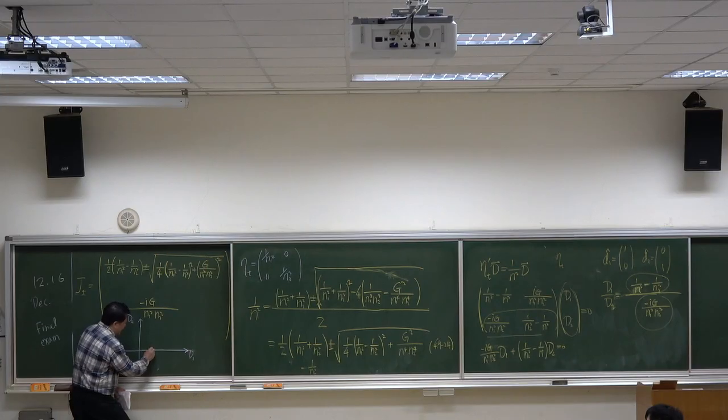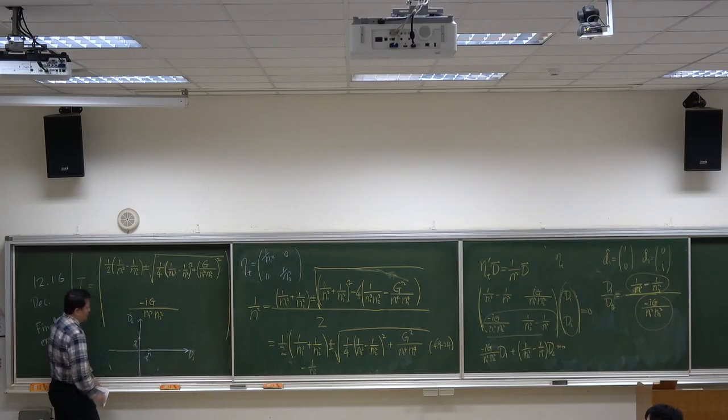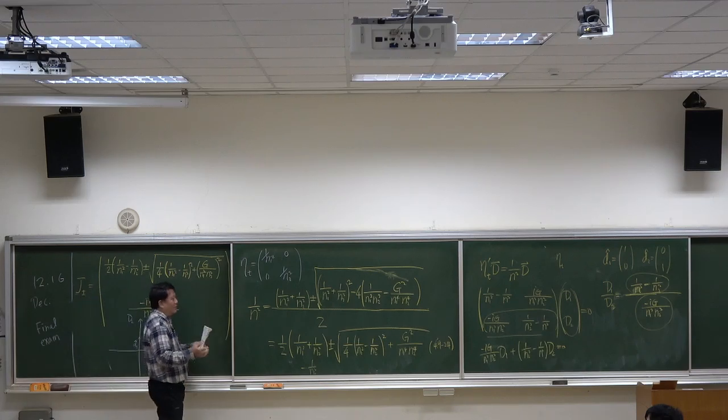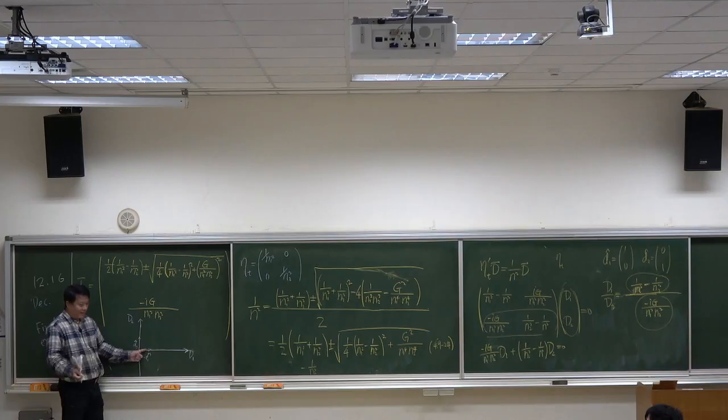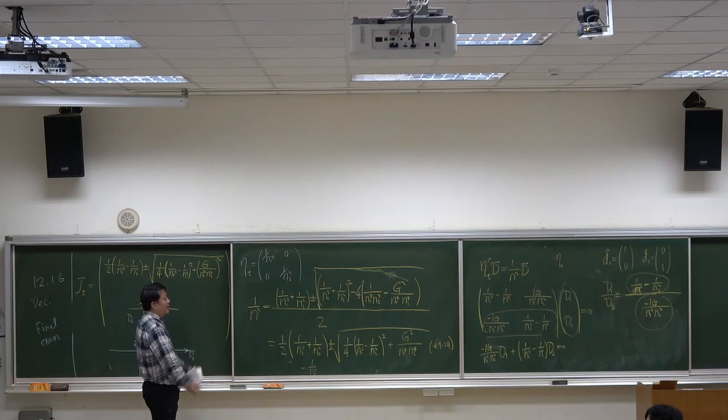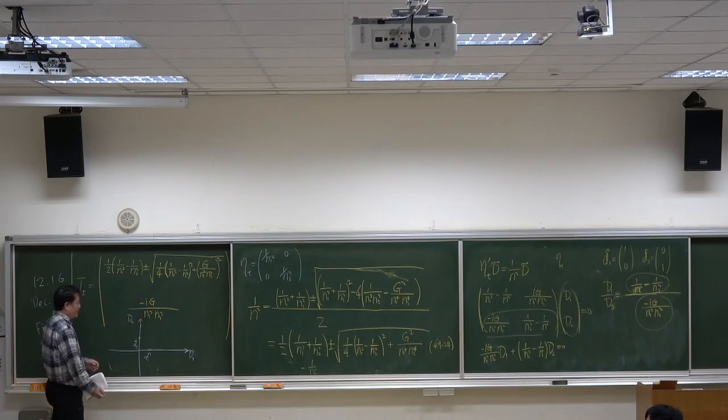这个方向就是 D1 的方向，这个方向就是 D2 的方向。Okay. Before we turn on this optical activity, the light polarized along D1 or D2 both are linearly polarized light, linear polarization. Okay.